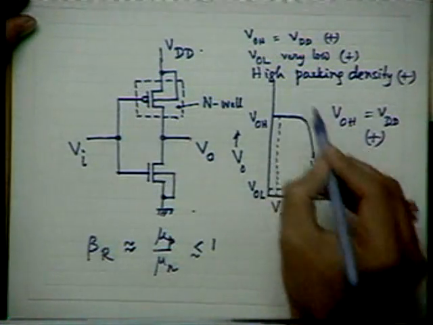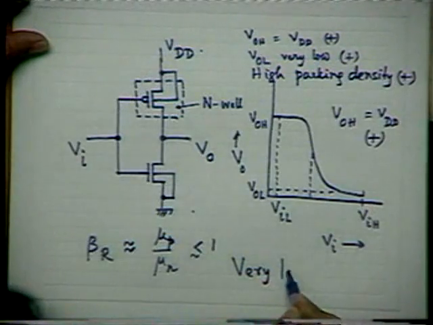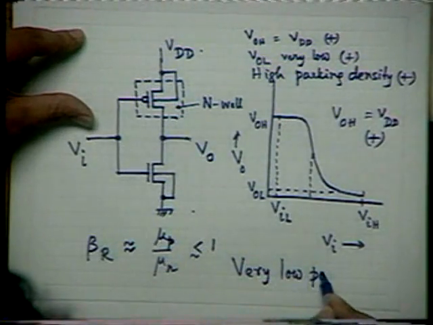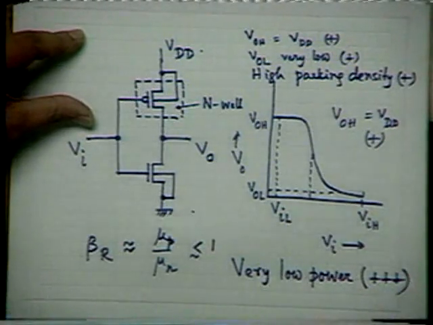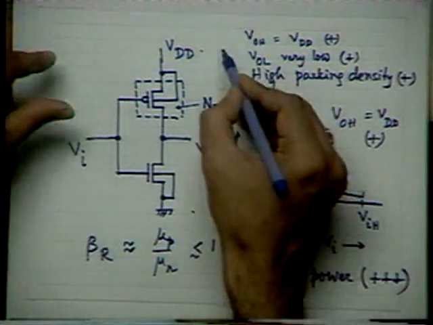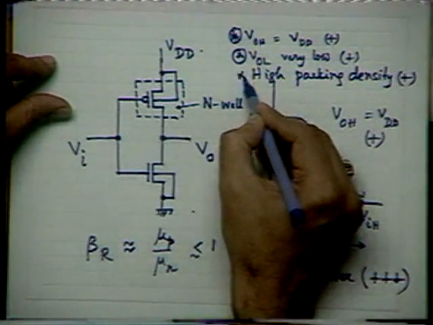And very, very low power dissipation, and that is, of course, the most important thing. These are, I think, some of the positive features of CMOS.